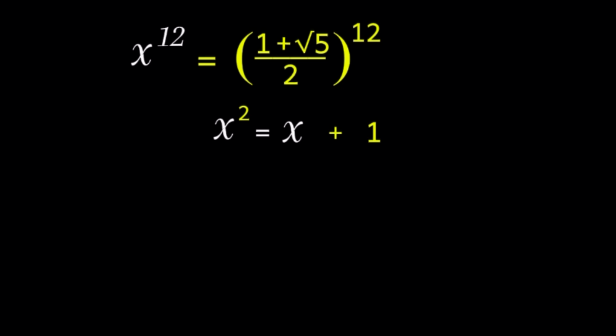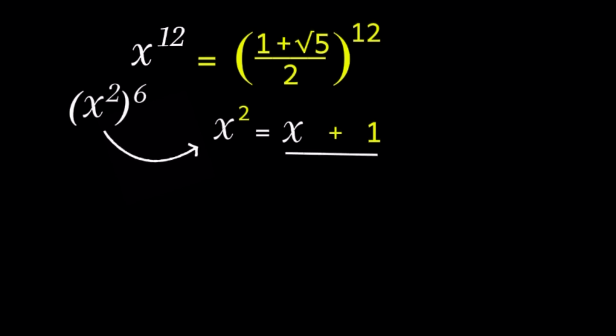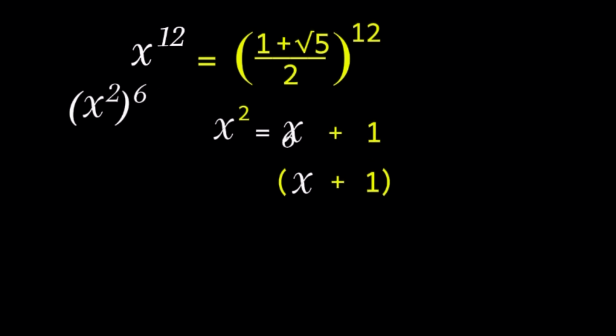Now we move to the main target, which is x to the power of 12. And instead of calculating directly, we rewrite it as x squared raised to the power of 6. And since we know that x squared is equal to x plus 1, we substitute and get (x plus 1) raised to the power of 6.